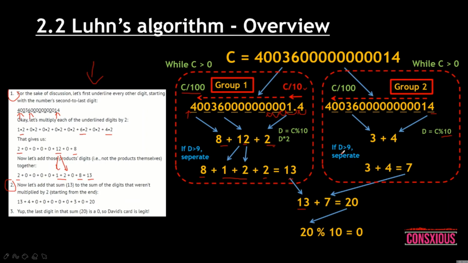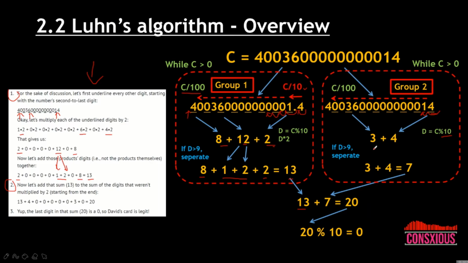Then we check, is it more than 9? It's not, so we continue by dividing by 100, something like that. Then we just modulus 10, and we get 0. You notice that I only got two values, which are 3 and 4.